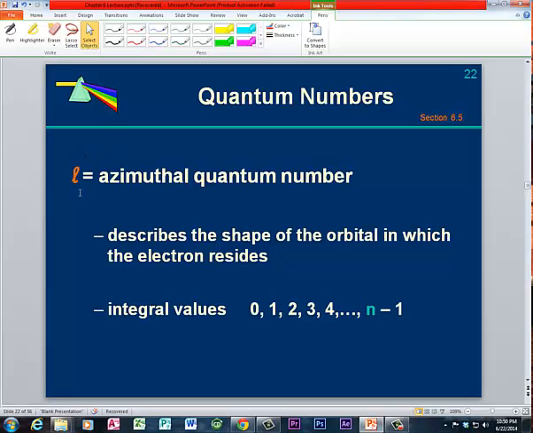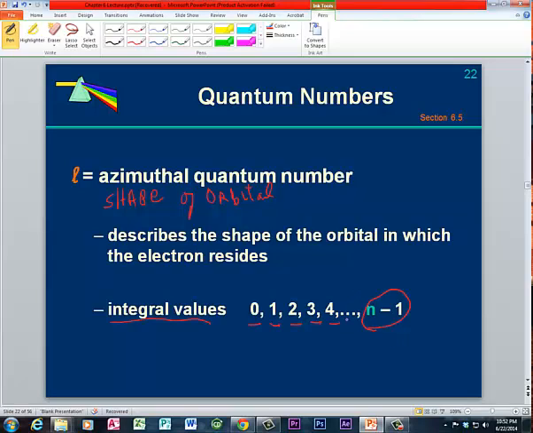Now, the azimuthal quantum number describes the shape of the orbital in which the electron resides. So we have a number of different shapes, but the azimuthal quantum number describes the shape of the orbital. The integral values for the l quantum number are 0, 1, 2, 3, 4, all the way up to a maximum value of n minus 1.